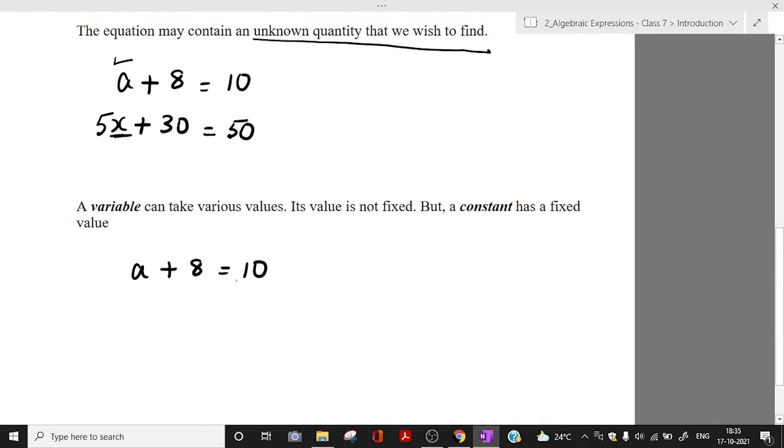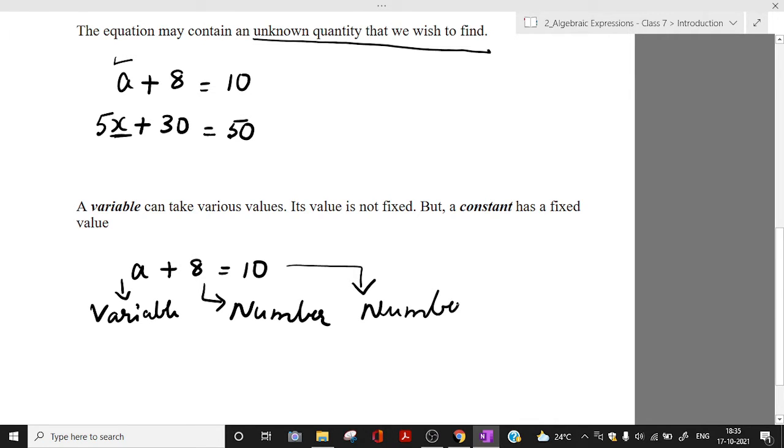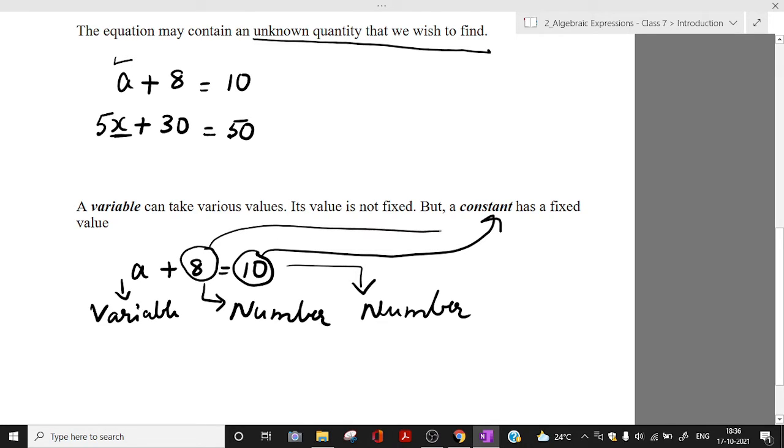Now this particular equation is made up of a variable, that is a, and it is also made up of a number on the left hand side, and on the right hand side also you have a number, right? Now when we talk in terms of these numbers, that is 8 and 10, both these are constants and have a fixed value.